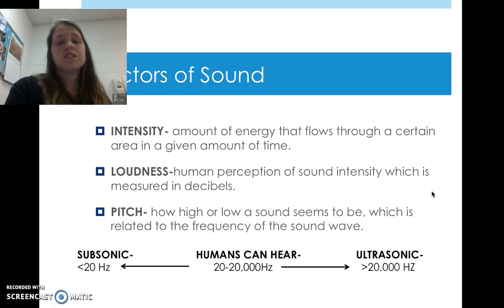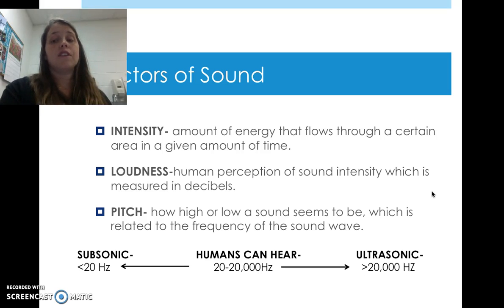So factors of sound. Intensity of sound is the amount of energy that flows through a certain area in a given amount of time. So this is kind of a mixture of both frequency and amplitude of the compressional waves. The amount of energy, remember, is directly related to the amplitude of a wave. So the intensity of sound would be an increase in amplitude of that wave.